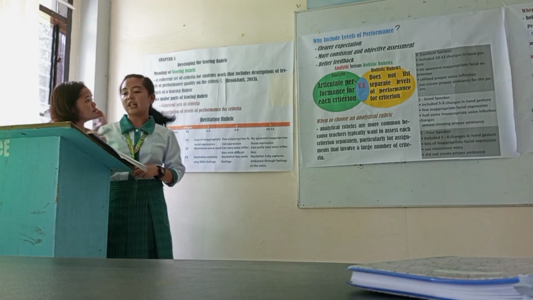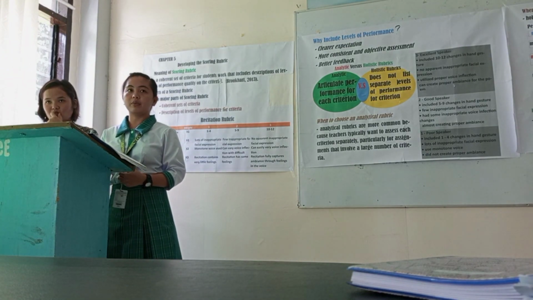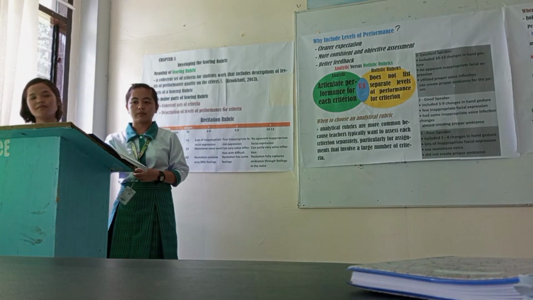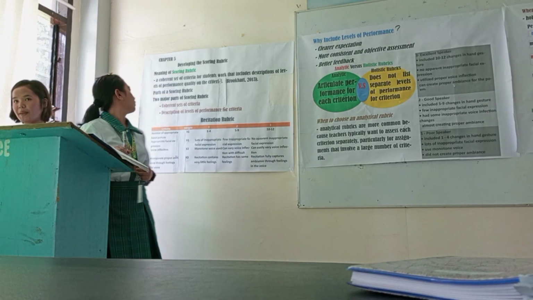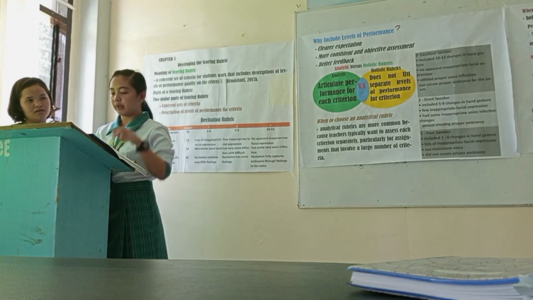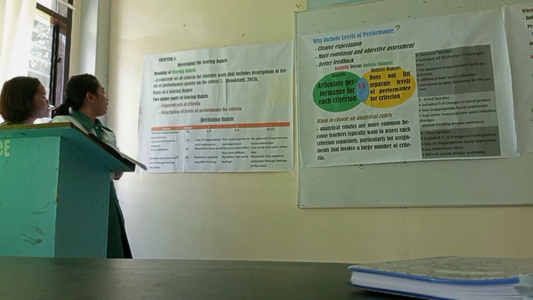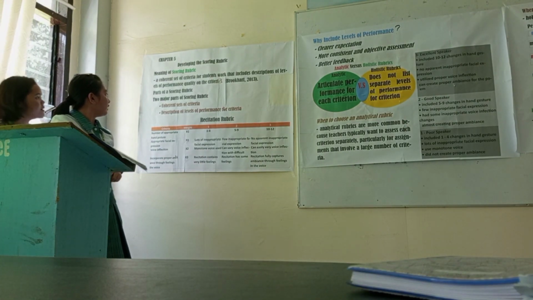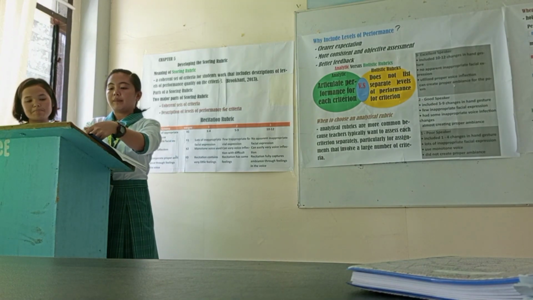So, what are the two parts of a scoring rubric? The two parts are the coherent set of criteria and the description of levels of performance for the criteria.